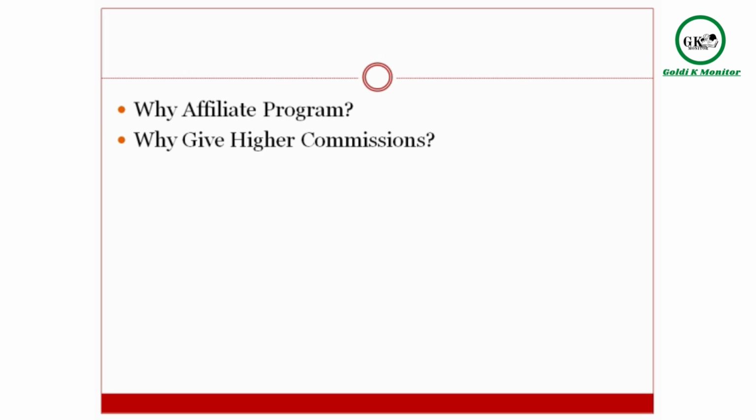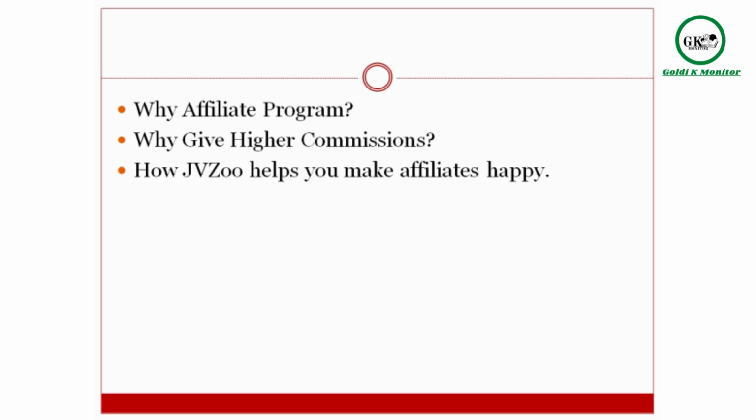You can also give certain affiliates higher commissions for bringing in more customers. So definitely make your affiliates happy, make them feel valued, and reward them if they are bringing a lot of sales to your product. JVzoo helps make your affiliates happy because it's all about instant payments.